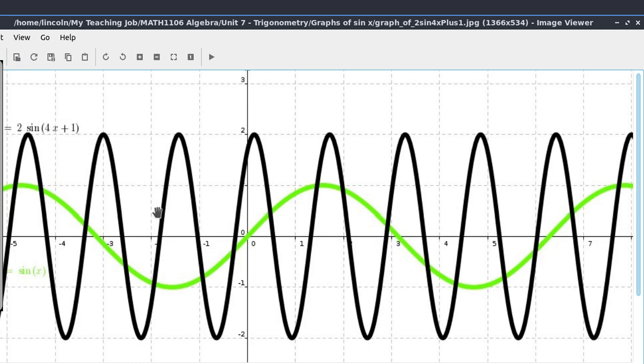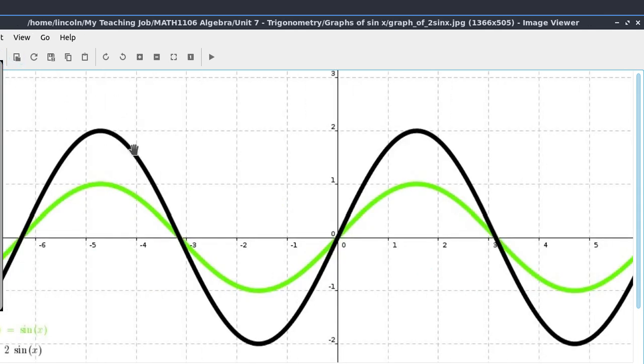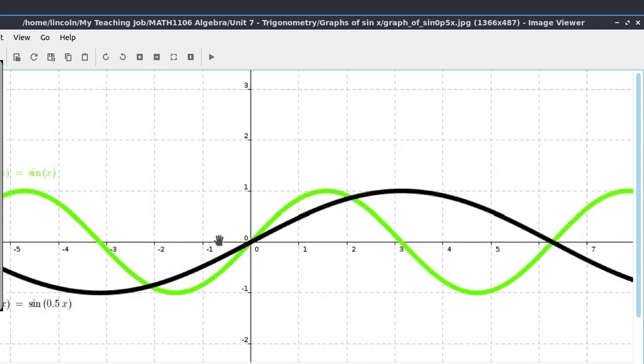Now 4 times you see more frequency here. You're looking at sine x versus 2 sine x. Double the amplitude. In other words, you double the height or the depth. So that's what you have there. We have sine of 0.5x. You have the original green graph, which goes through 1 cycle here.